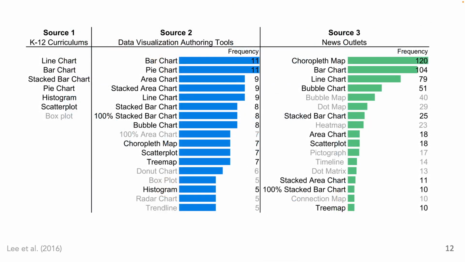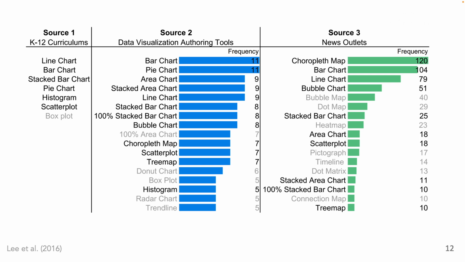These visualizations were taken from 3 different sources. The first one is K-12 curriculums, where the authors of VLAT reviewed several states like California, New York, and Indiana and their mathematical standards. The second one is visualization authoring tools like D3JS, Excel, Plotly.